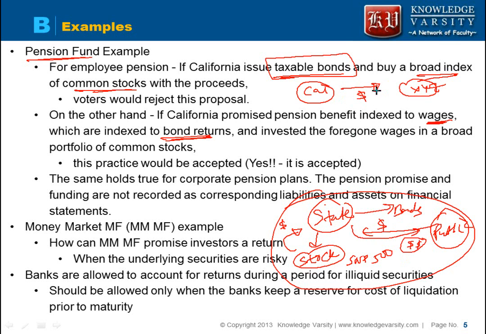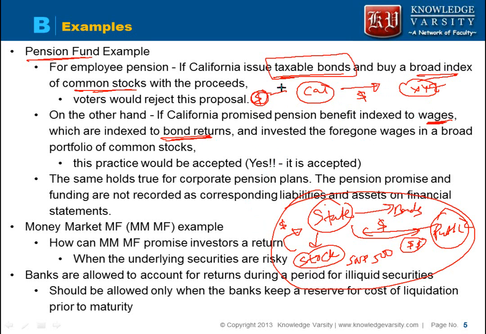And what happens to the money that it takes from the employee? It invests in the market, in the stocks predominantly, right? So it says that I will give you future benefits which are wages indexed to bond returns, and these people invest the foregone wages in a portfolio of broad market common stocks.